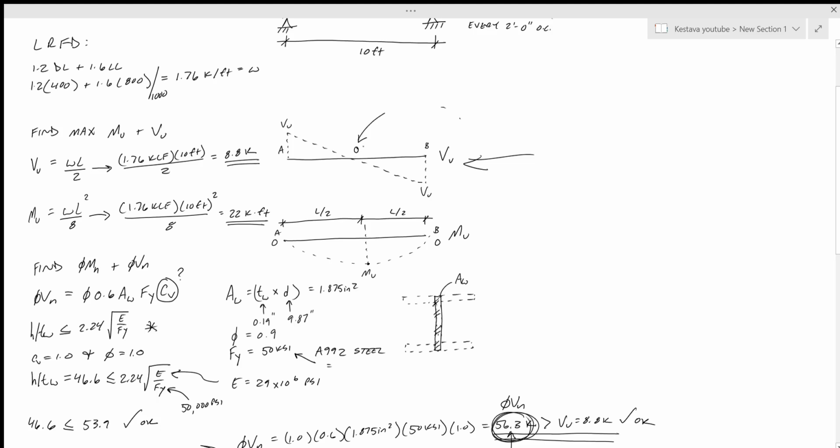So in reality, we can just ignore having to recheck the capacity of the member at that location, because although it's a reduction in shear capacity, so although phi Vn effective, once it's cut, is less than phi Vn original, we are comparing it to a Vu, which is 0 at the center line.